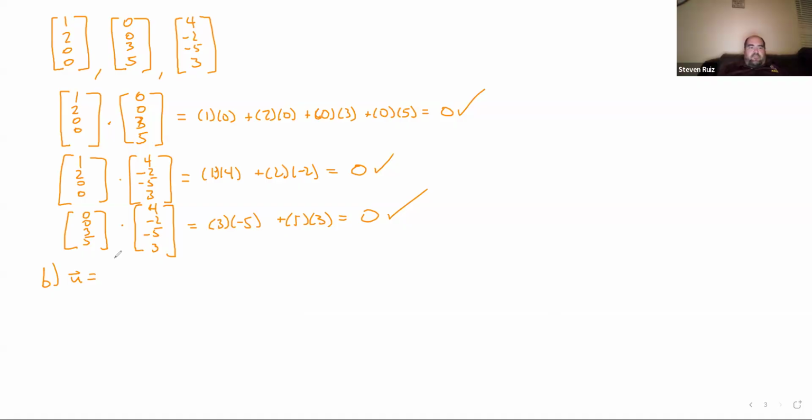U is 1, -2, 3, 5. So this right here, we just learned, is the orthogonal basis of some subspace. I think the test called it W. Orthogonal basis of W.